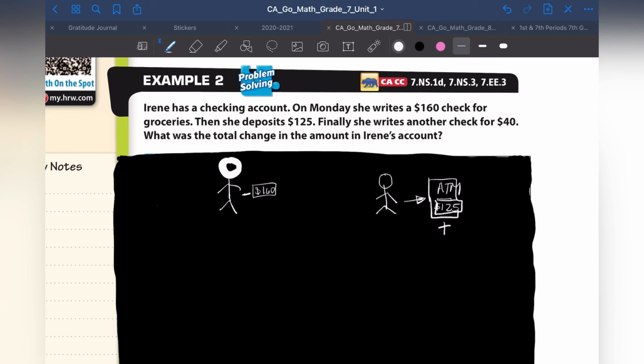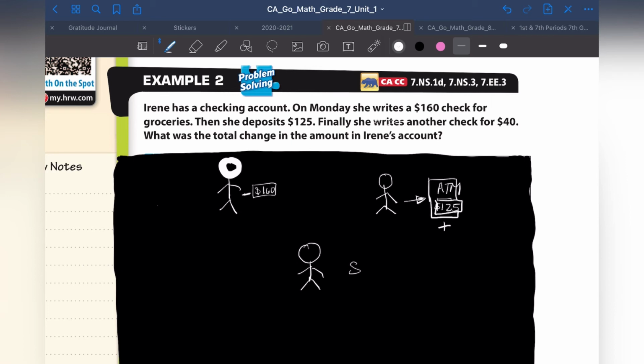And then at the last part, she comes another day with another check, but this one is $40. And again, oh no, she writes another check. Sorry about that. So she writes another check, which means it's getting it from her banking account.